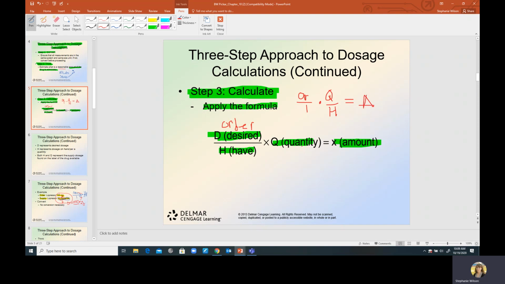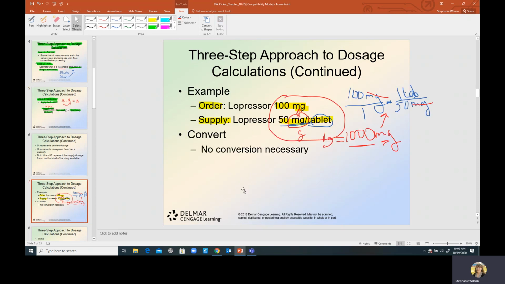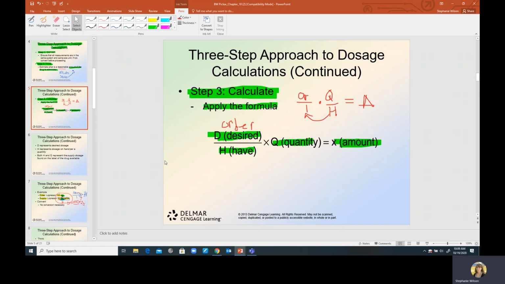Well, in this case here, they just wrote it to where our halves go under the order and my quantity out to the side. Well, this works out great when we are solving and our units reduce well with each other. What I mean by reduced well with each other is that the unit in the order is the same as the unit in the supply. So let's go back here.